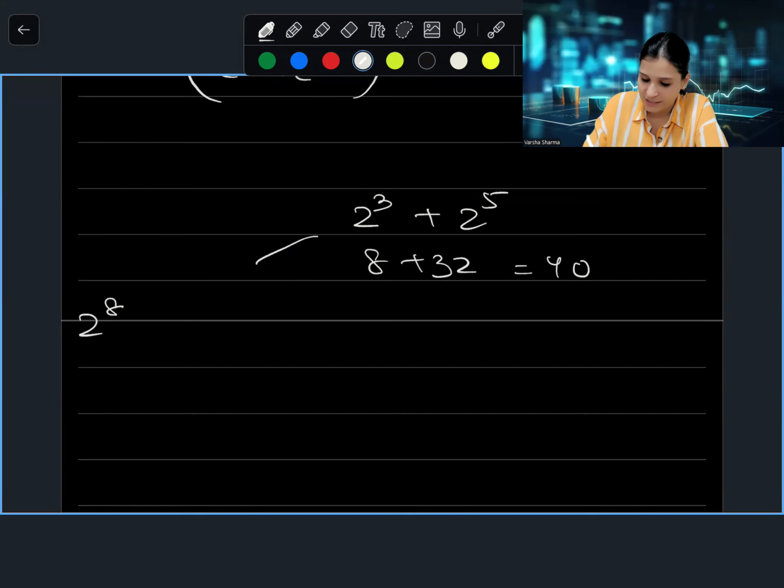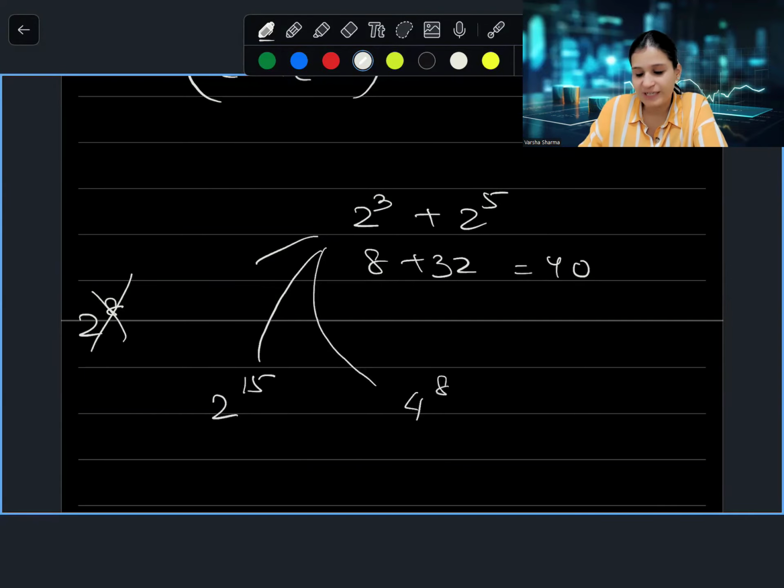No. So that's incorrect. Can I write this as 2 power 15? No, ma'am. No. Can I write this as 4 power 8? No ma'am. None of the indices formula is applicable.